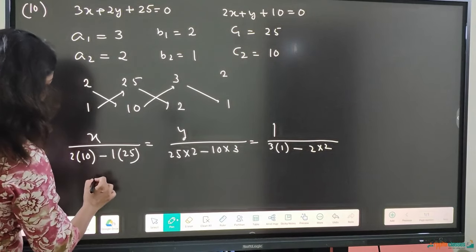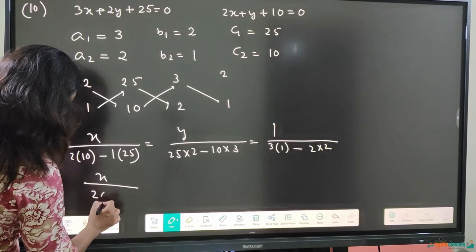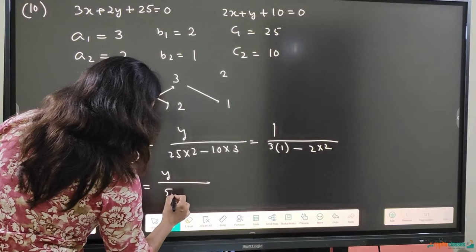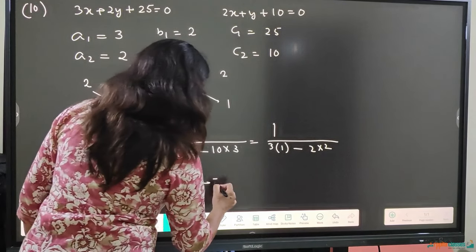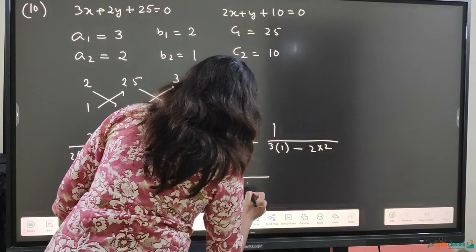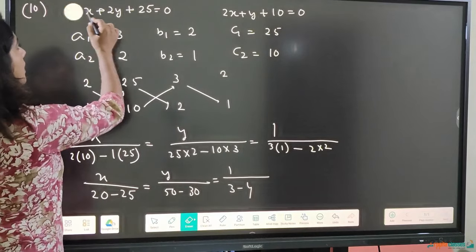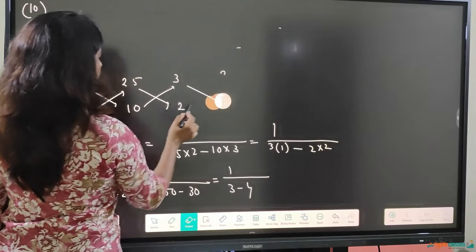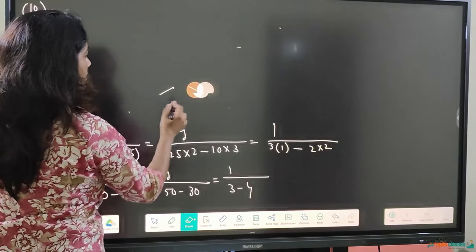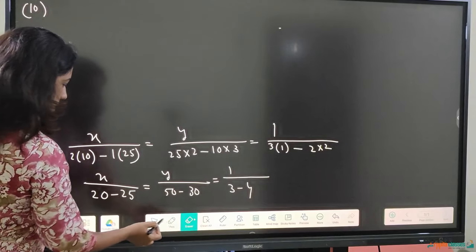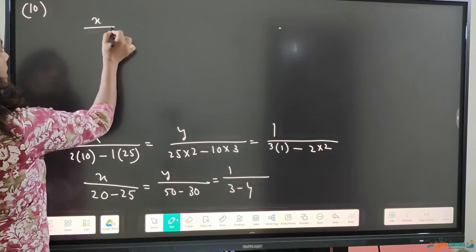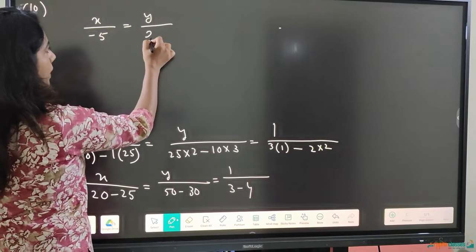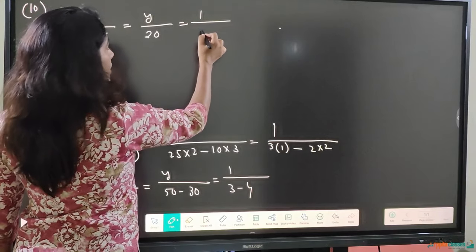Okay, so this is coming x upon 20 minus 25, y upon 50 minus 30, 1 upon 3 minus 4. Let us rub this part. Okay. So this is x upon minus 5 is equal to y upon 20 is equal to 1 upon minus 1.